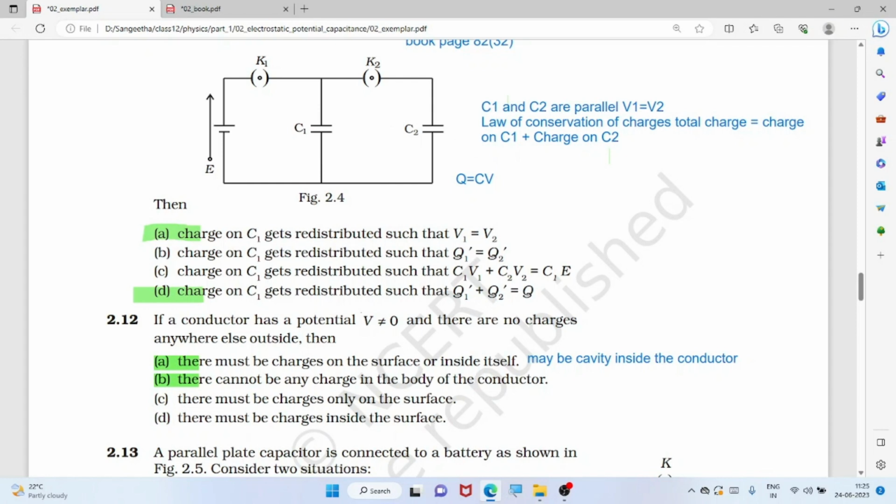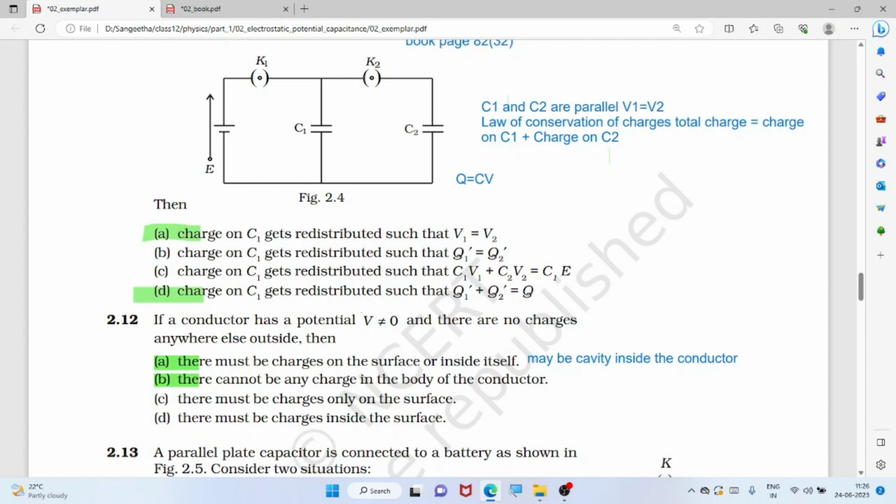Total charge on the capacitor C1 plus charge on the capacitor C2. Since this voltage is the same, Q equals CV. The charge on C1 gets redistributed such that the voltage is the same.